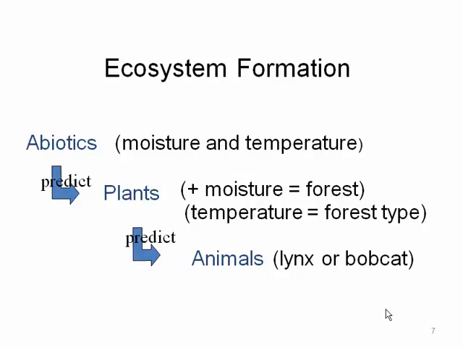Among predators, for example, you would have a lynx, maybe in a colder climate, or a bobcat in a more temperate situation. So the physical system really sets the basic controls on what sort of biological communities will occur in a given area, and ultimately what ecosystem will be established and persist.